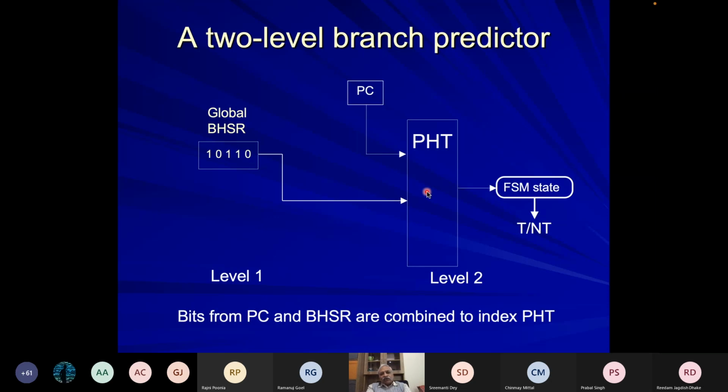So in some sense, you're also looking at branches which are in the current window. A program always has some kind of locality. You're always iterating in some part of the code.